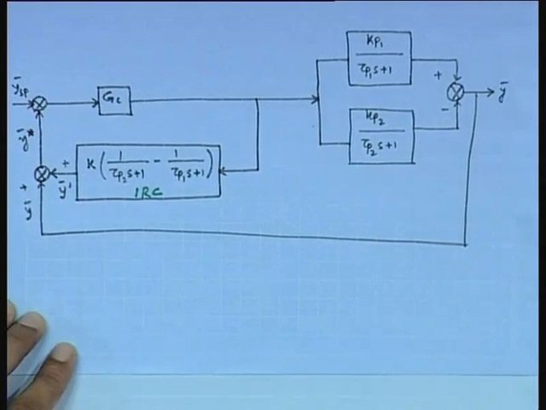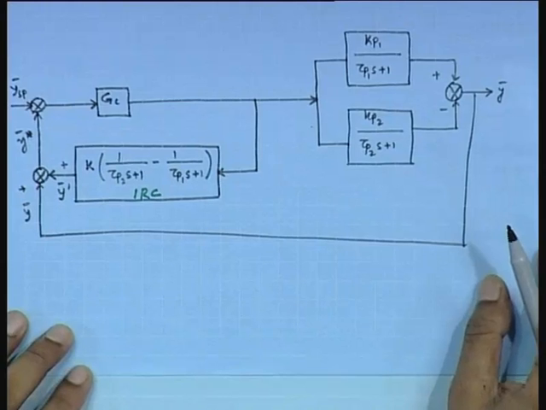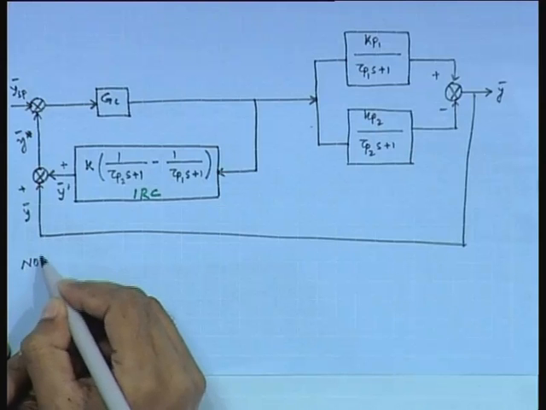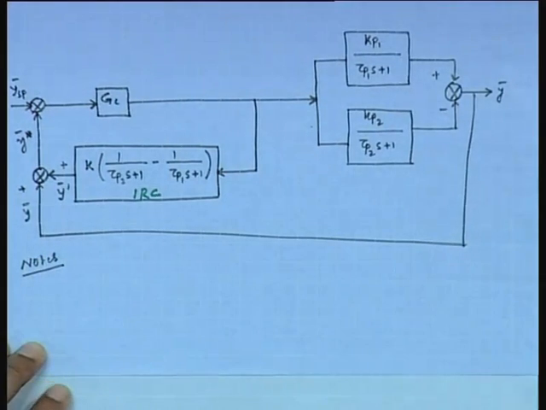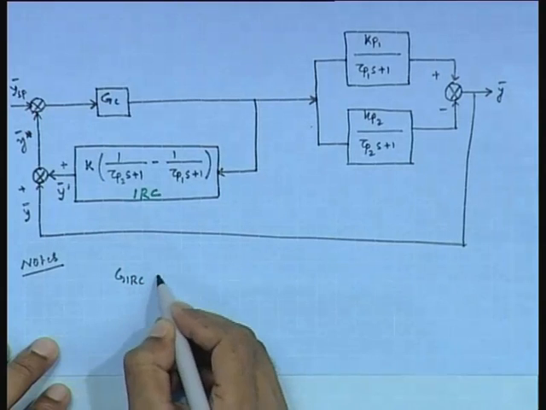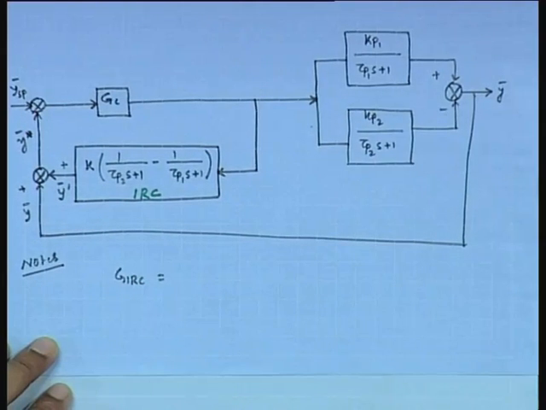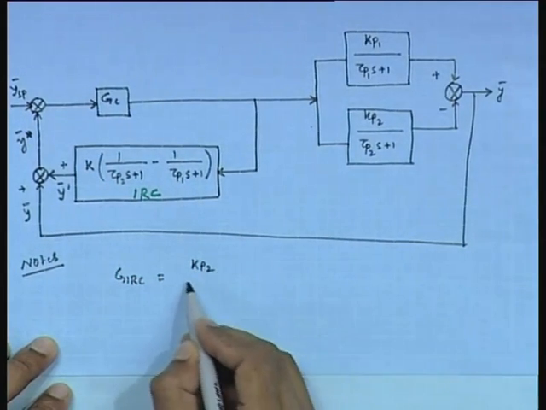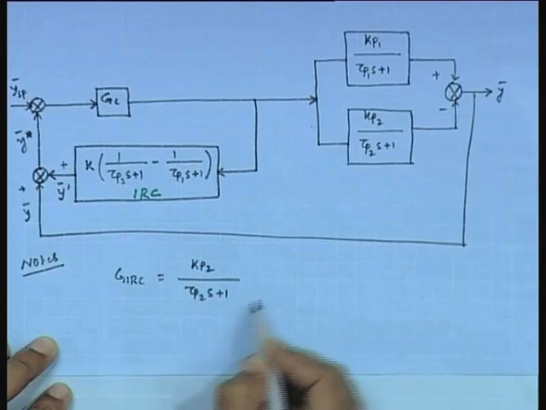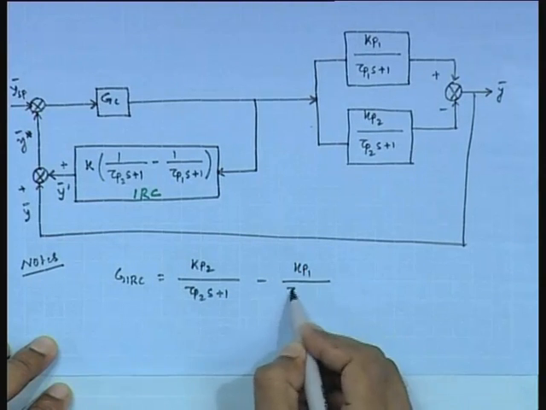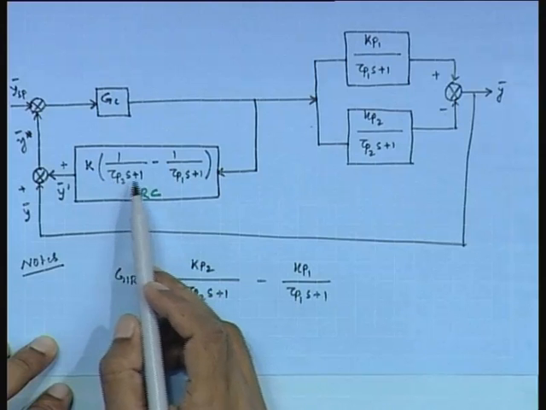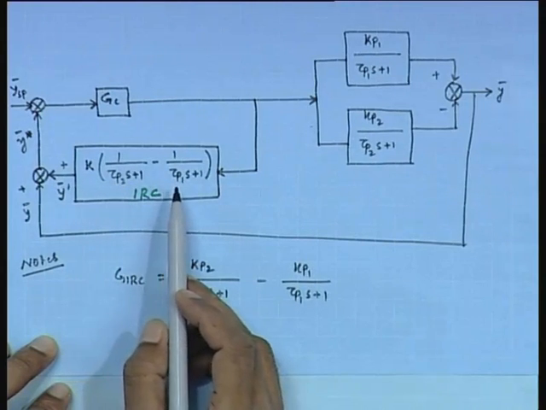Fine. Now, at what situation we can get perfect compensation? If it is represented by Kp2 divided by tau p2 s plus 1 minus Kp1 divided by tau p1 s plus 1, this is the original transfer function of inverse response compensator.